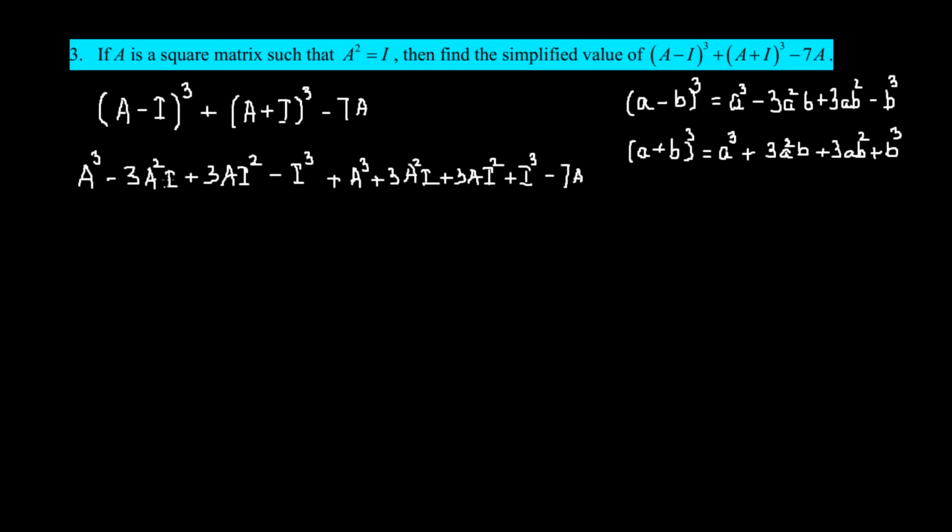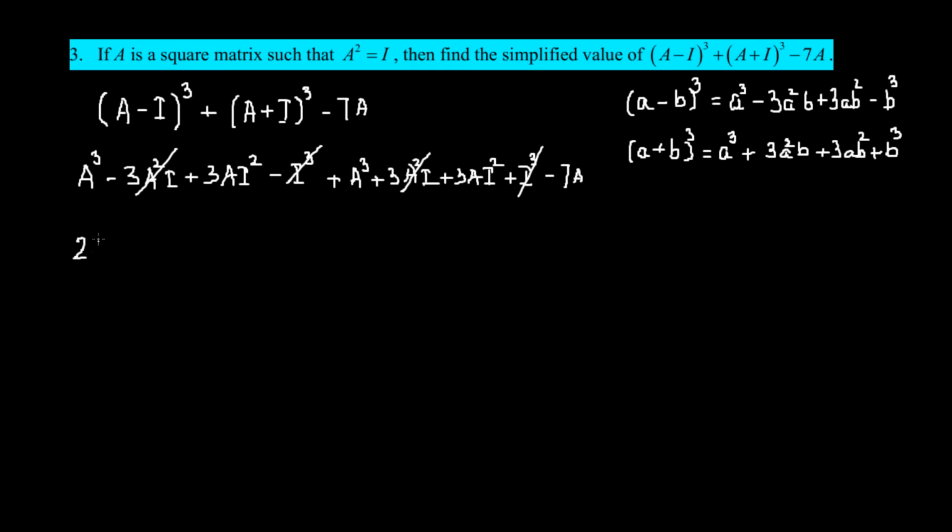Here we see some terms which are additive inverses of each other. Negative 3A squared I and 3A squared I will cancel out each other. Similarly, negative I cubed and positive I cubed will cancel out, since they are additive inverses of each other.